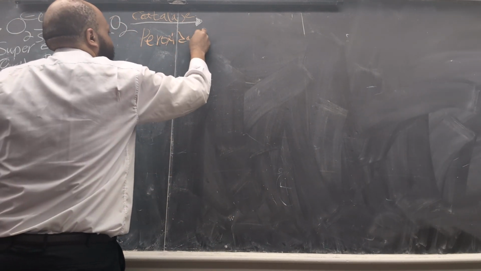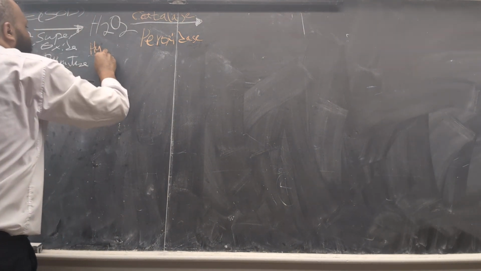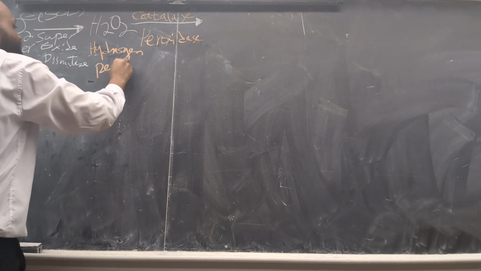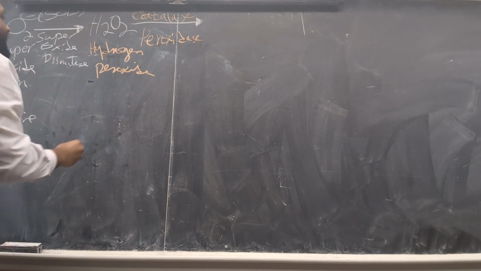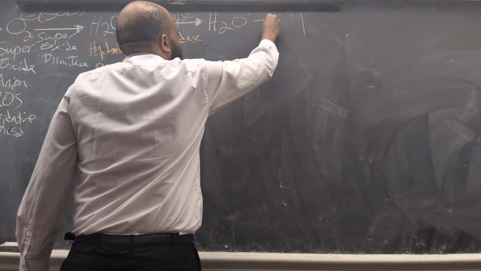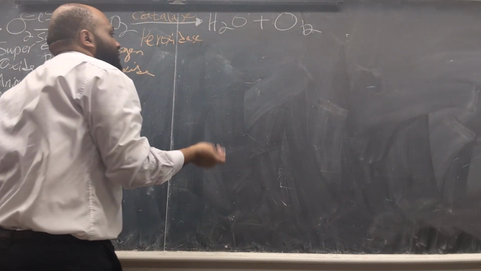So peroxidase is going to convert hydrogen peroxide, H2O2, into water, H2O, plus normal oxygen, O2. Water, we use it for drinking.